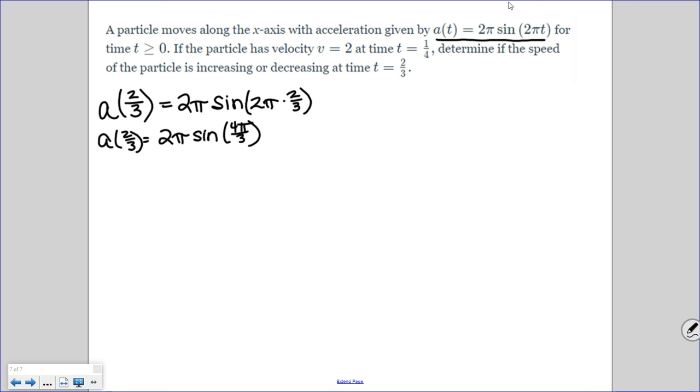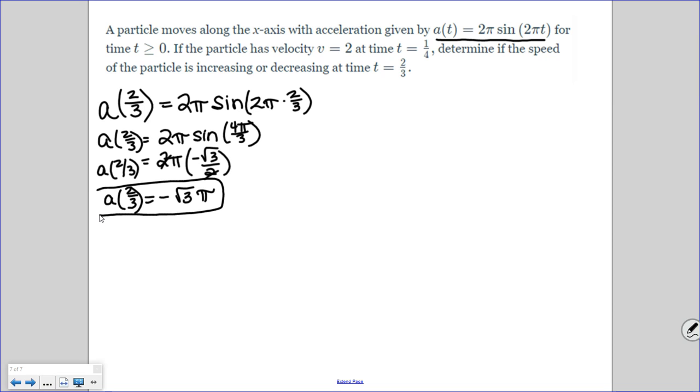The sine of 4 pi over 3 is negative square root of 3 over 2. If I multiply all that out, the 2's divide out. So a of 2/3 is negative square root of 3 pi.